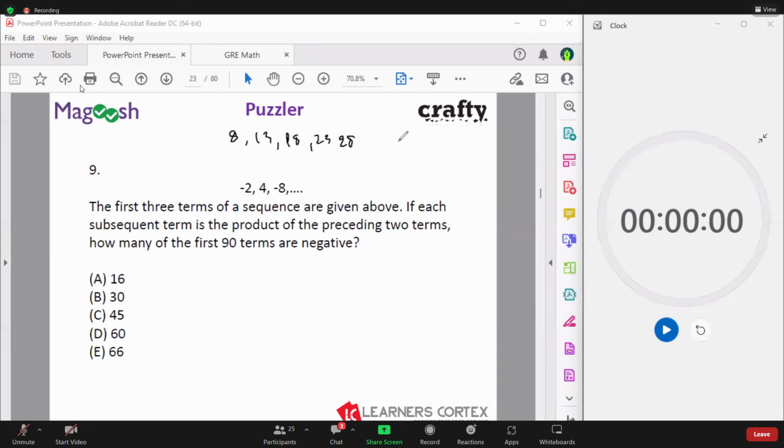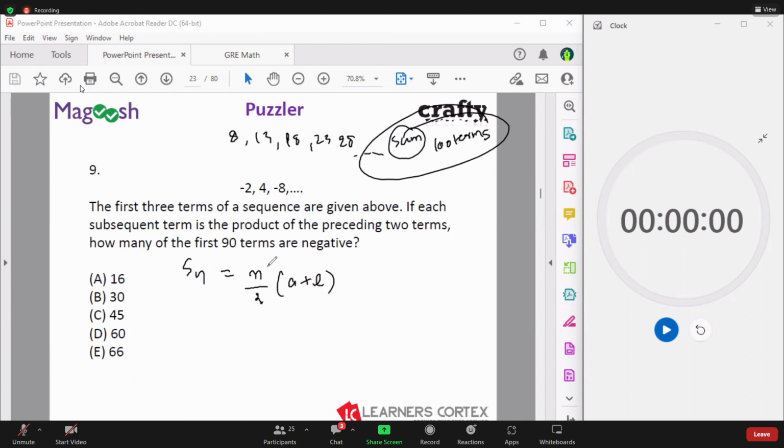If you are asked the sum of 100 terms in this series, there are two formulas for the sum of a series, which is n by 2 times a plus l. Now n is the number of terms, which we know as 100. Then a is the first term and l is the last term.